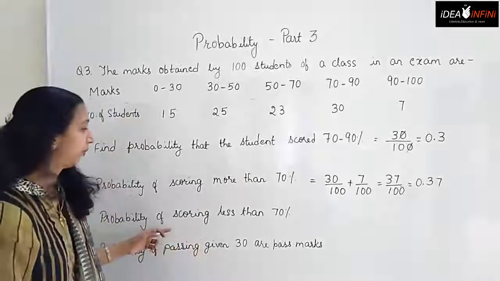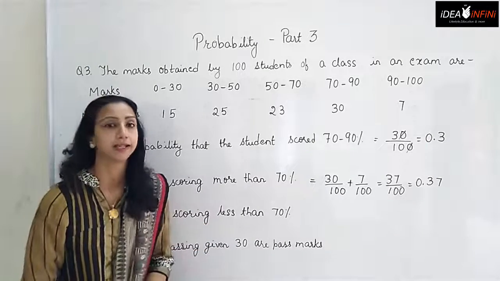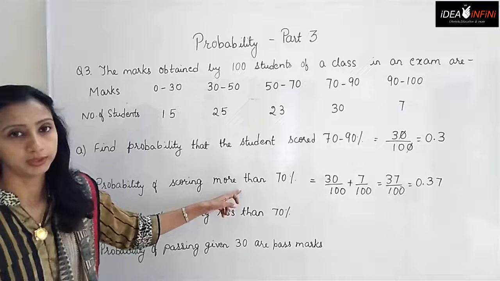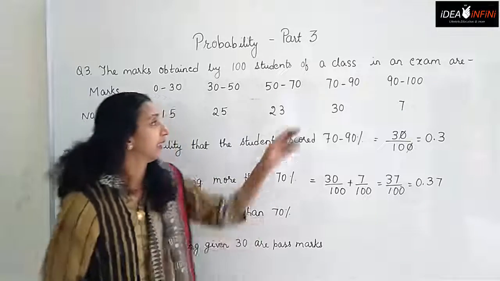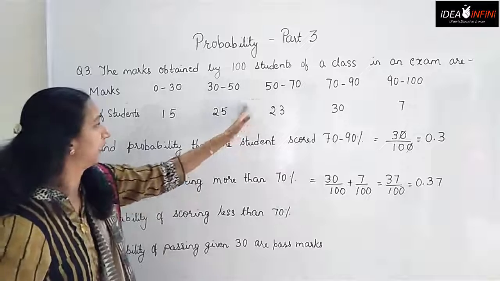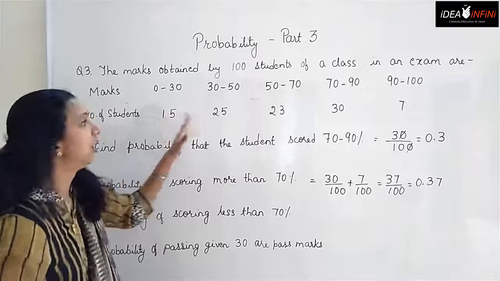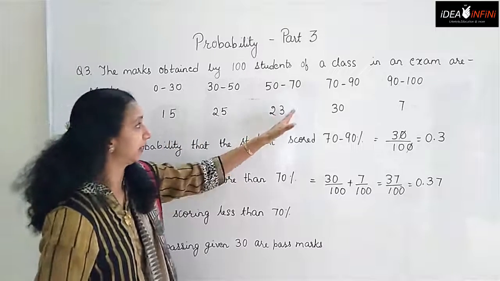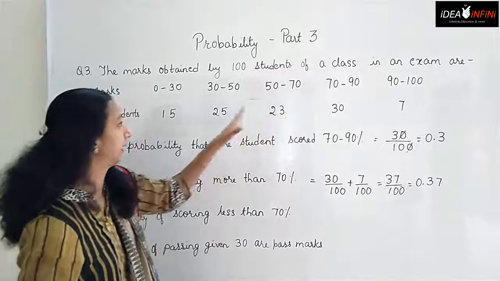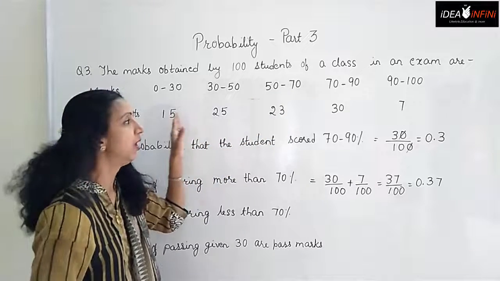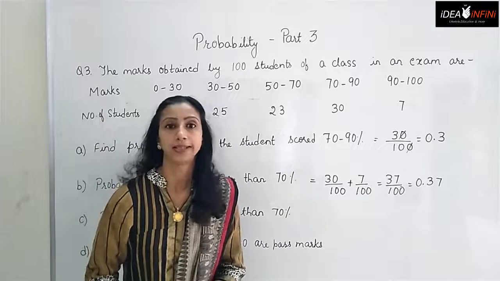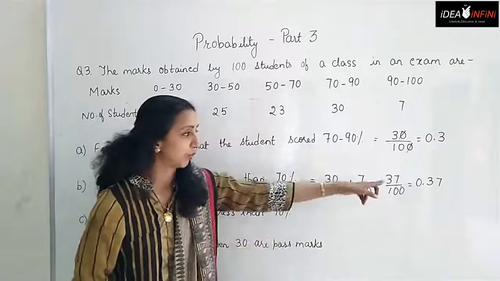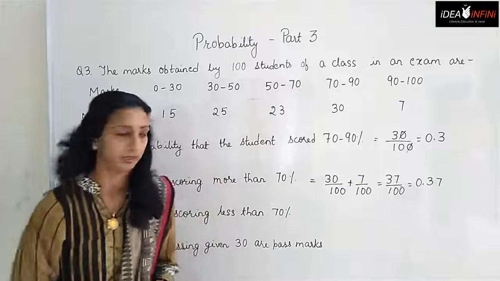Let's see this part. Probability of scoring less than 70. See, here it was more than 70 and here it is less than 70. So there are two methods. Either we add them up from here onwards, 25, 15, or less than 70, that means this also will be added up, 23, 25 and 15. Or else 1 minus probability of getting more than 70, which we already have.